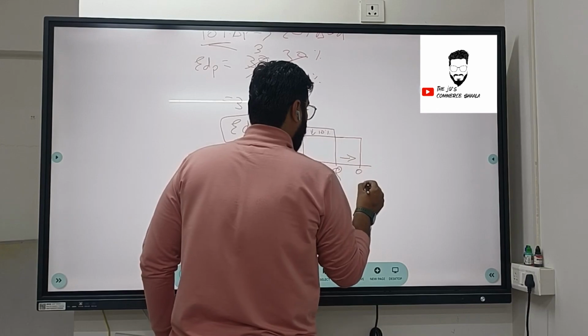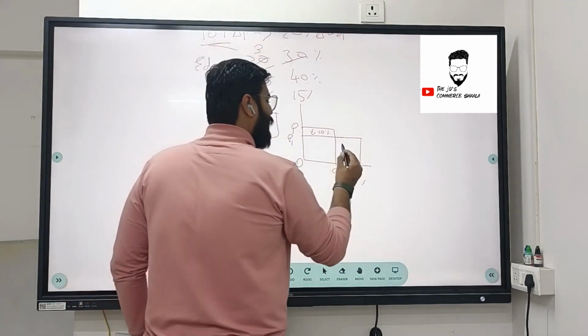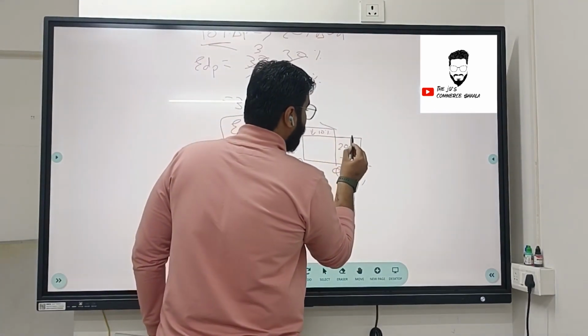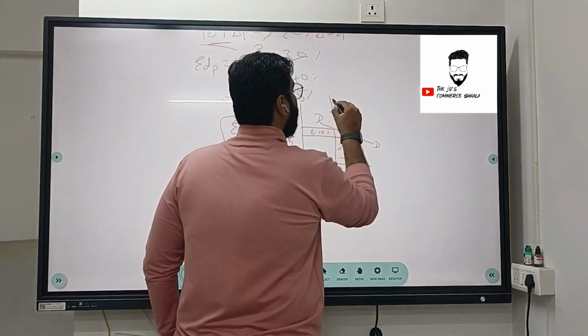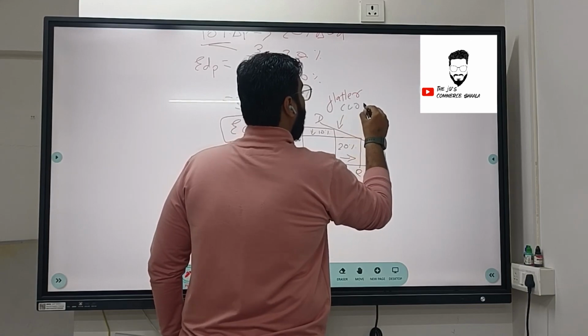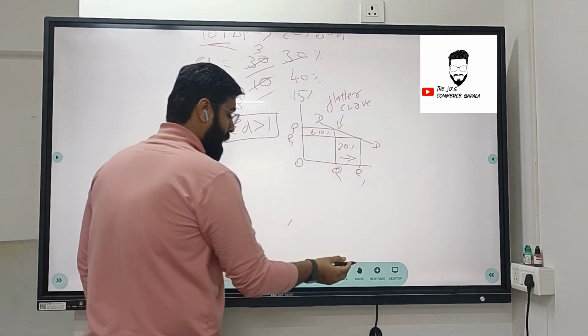See, the demand changes from OQ to OQ1, say for example by 20%. So the DD curve which we get over here is going to be a flatter demand curve. I hope the concept is clear.